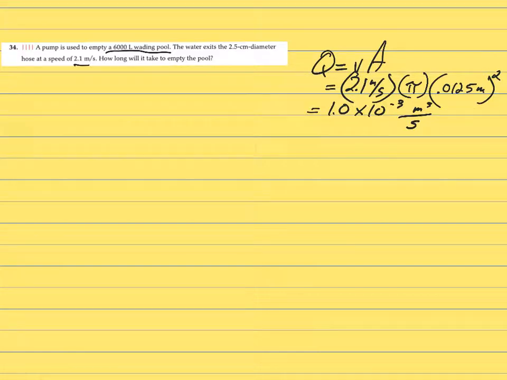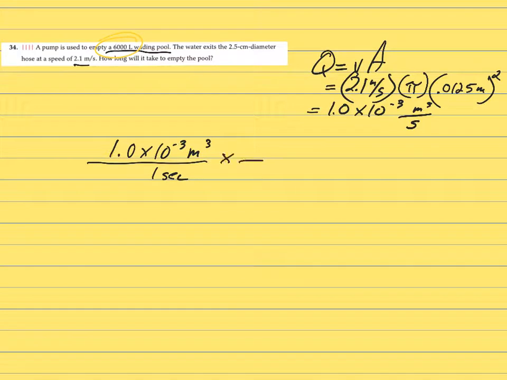All right, moving right along, we have meters cubed over seconds. We probably need to get that to liters. Why? Because this silly question is in liters. So I'm just going to play their silly game. And go 1.0 times 10 to the negative third meters cubed over 1 second, right?